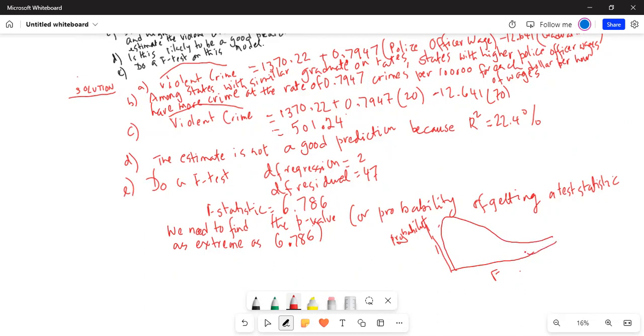Okay. And our test statistic F is 6.786 on the horizontal axis. And the p-value is the area. This is your p-value, which is the area to the right of 6.786.